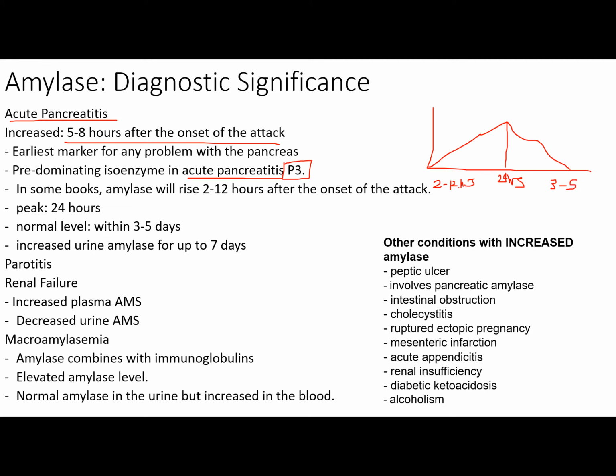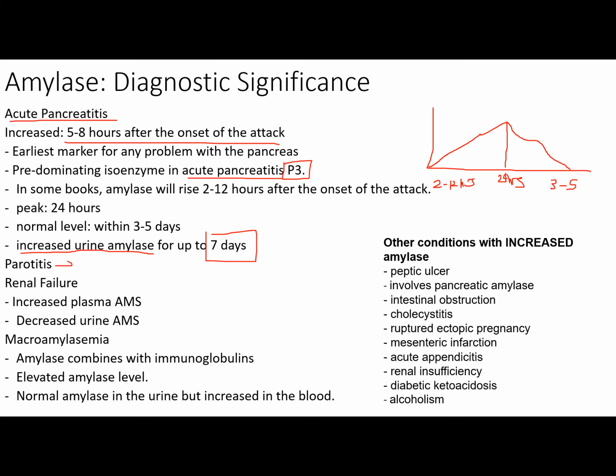Let me repeat: when you have acute pancreatitis, amylase would rise 2 to 12 hours, peak at 24 hours, and then return to normal within 3 to 5 days. But take note, in acute pancreatitis, you would have increased urine amylase for up to 7 days. That long, 7 days. Then we have parotitis.